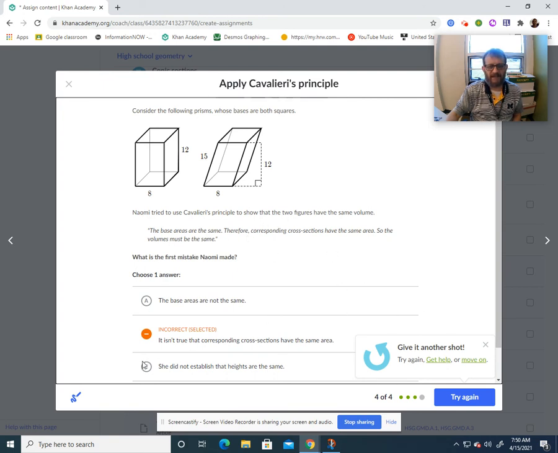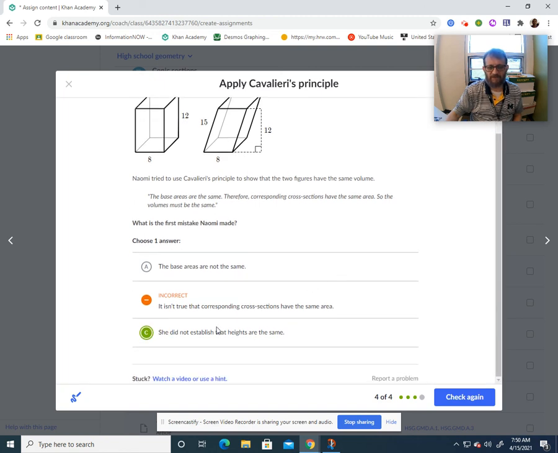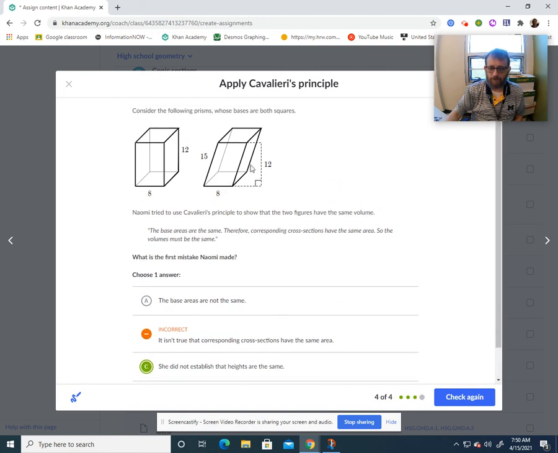Oh, she just didn't say that they had the same height. That's all. So it is true that they have the same volume. She just never said it. That one is a little confusing for me. But yeah, these definitely have the same volume. She just didn't say that they have the same height. So she should have said that in her answer.